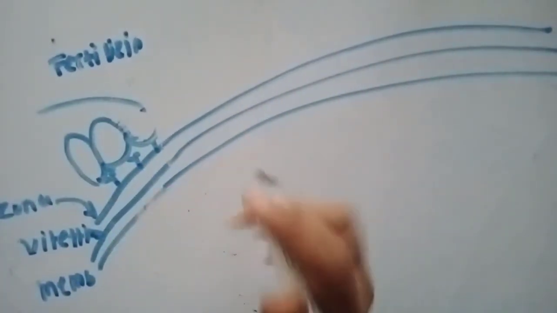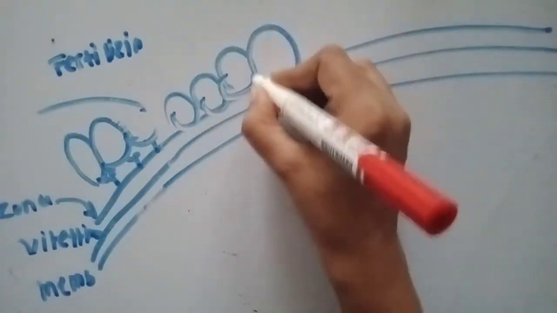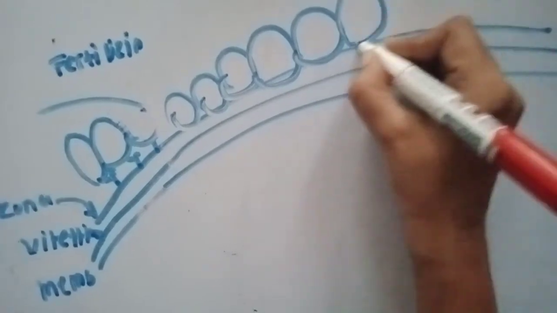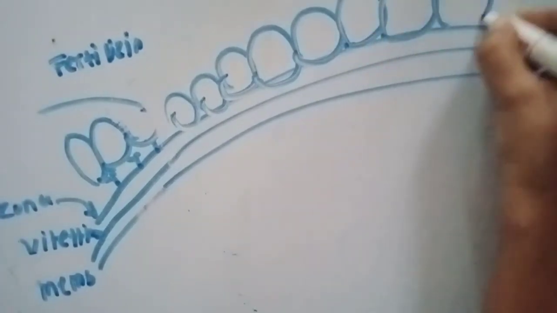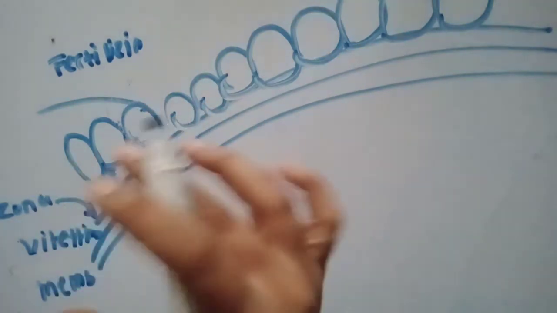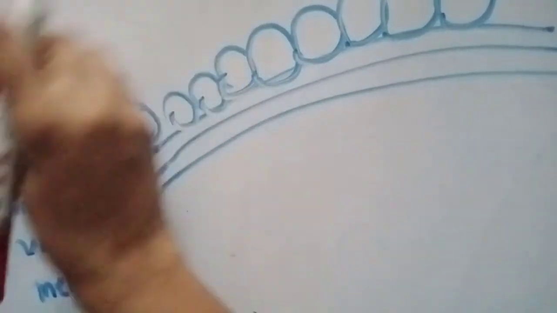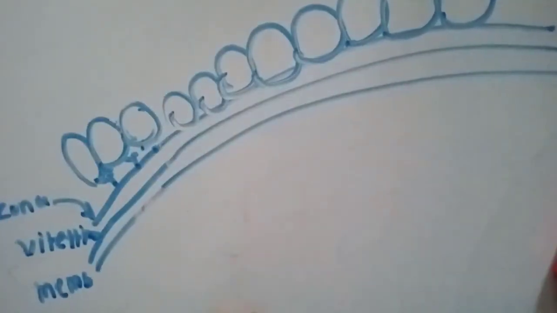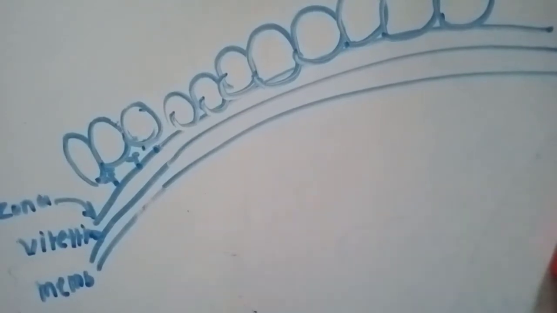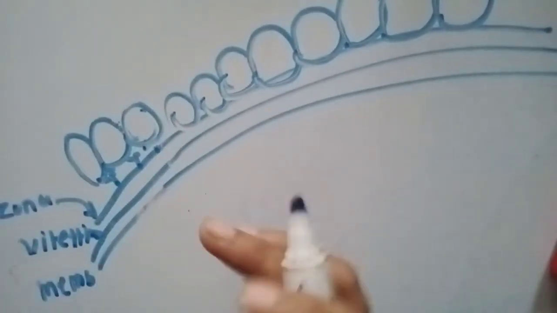Most of them are killed, and some get entry, but only one sperm gets entry into the egg cell. Not all sperms get entry. So how is polyspermy, meaning the entry of many sperms into the egg, blocked? There is a different phenomenon for this.